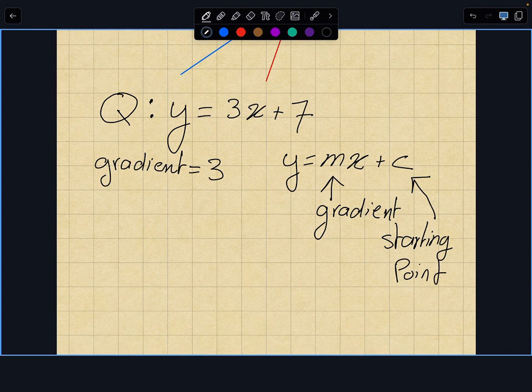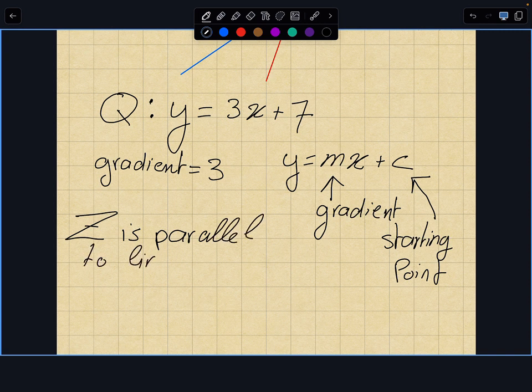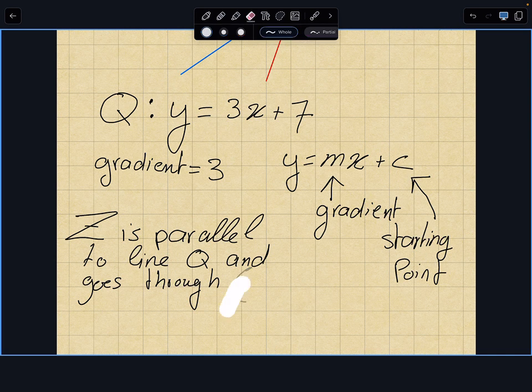I have a specific line, I shall say, line Z, which is parallel to line Q and goes through the coordinate, let's say, (0, 1).